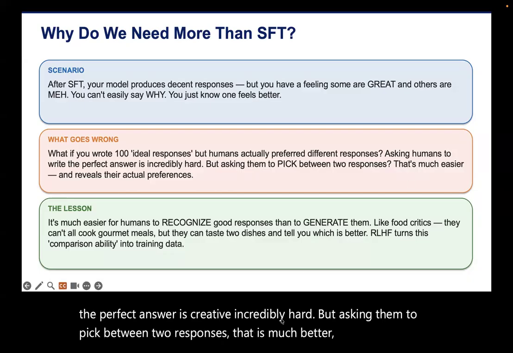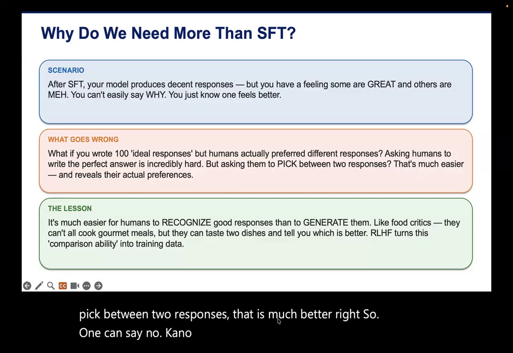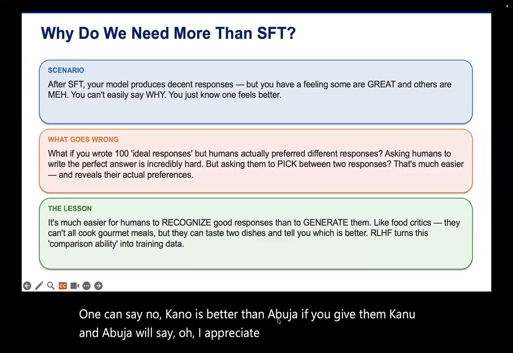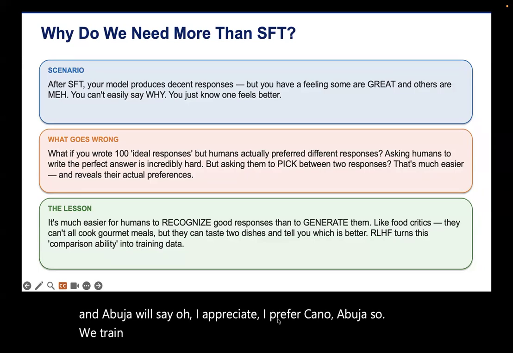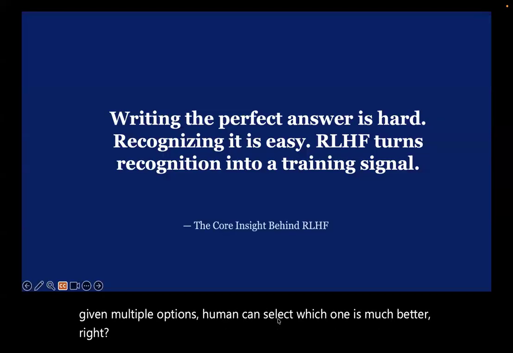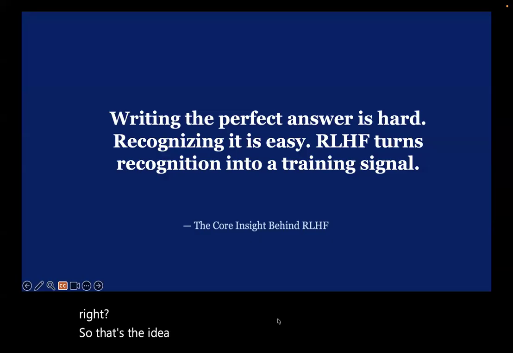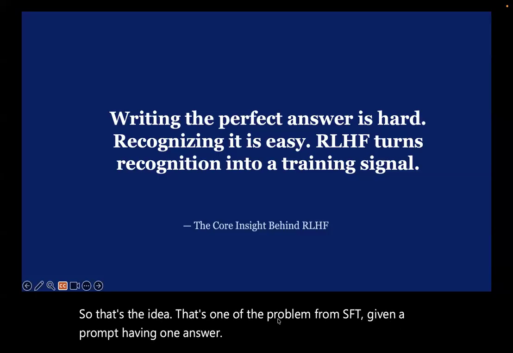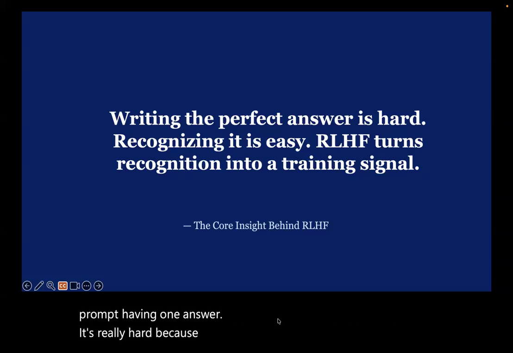So one can say, no, Kano is better than Abuja. If you give them Kano and Abuja, they say, oh, I prefer Kano. So now can we train a model with this kind of preference data, where given multiple options, humans can select which one is much better, right? So that's one of the problems with SFT. Given a prompt, having one answer is really hard because multiple people will prefer different options.